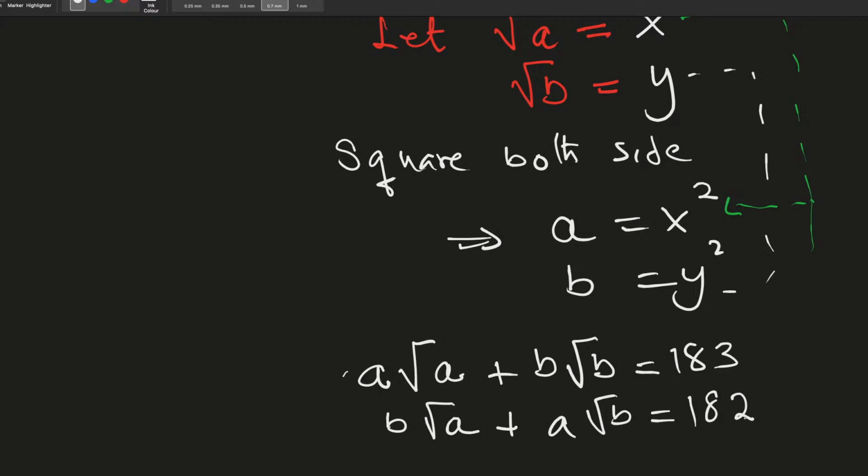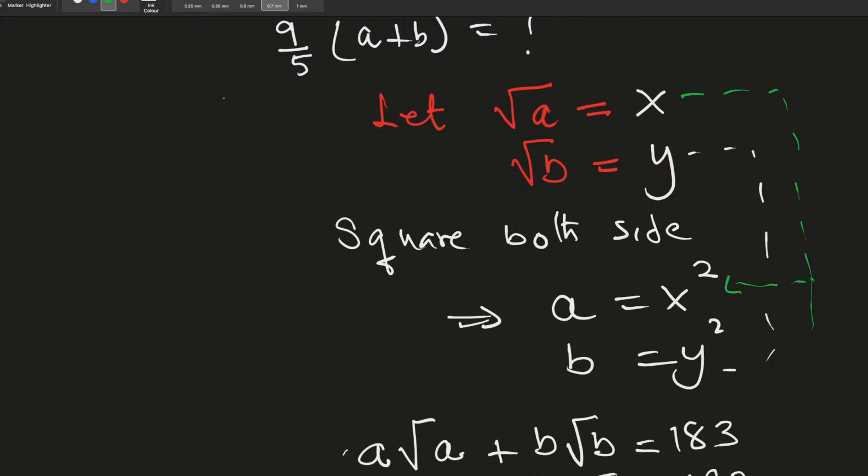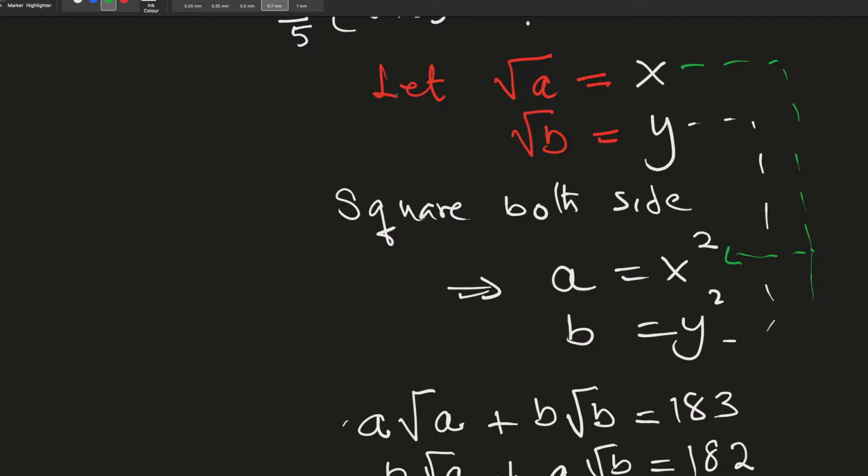Look at this very carefully. This is the question, but we have made an assumption. We started by saying let us equate the square root of A to be x and the square root of B to be y, as you can see well written here.